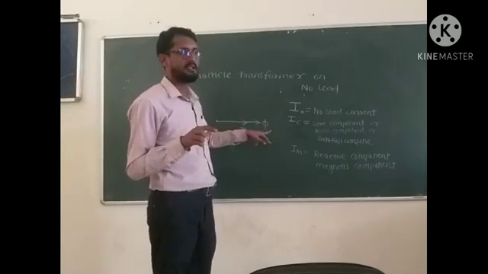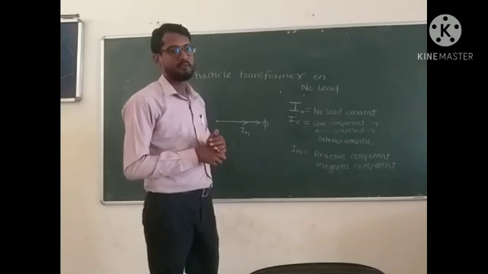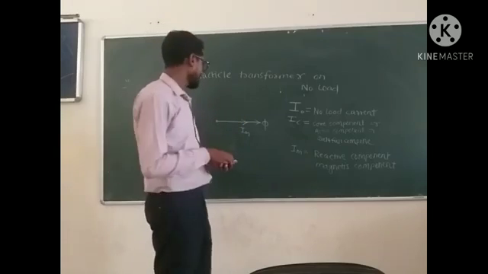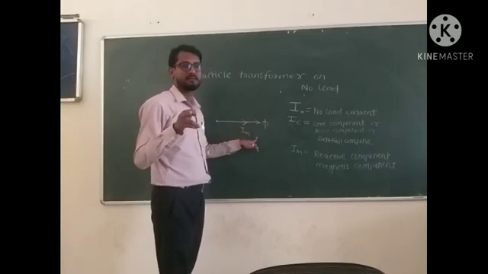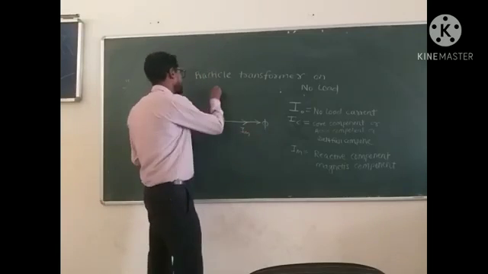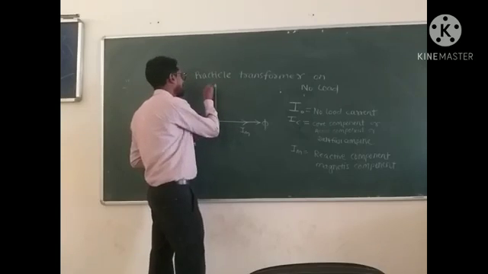That means they are in phase with each other. After that, V1 is in phase with the IC, and we know that the winding is inductive. That means V1 lags phi by 90 degrees.